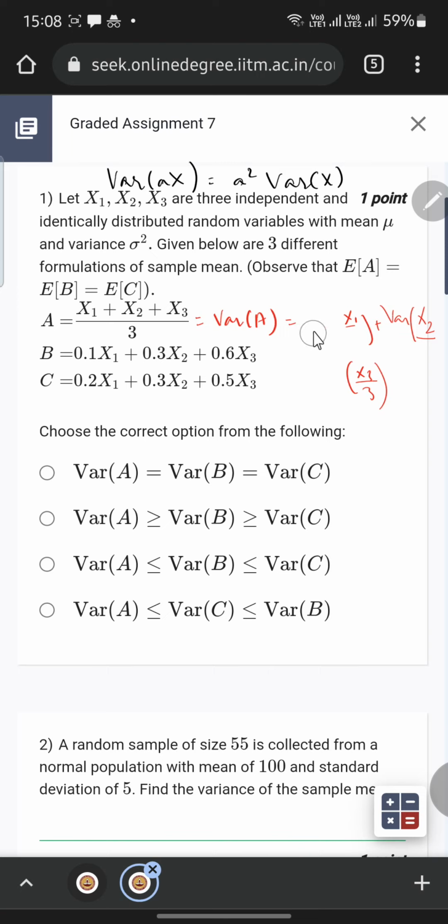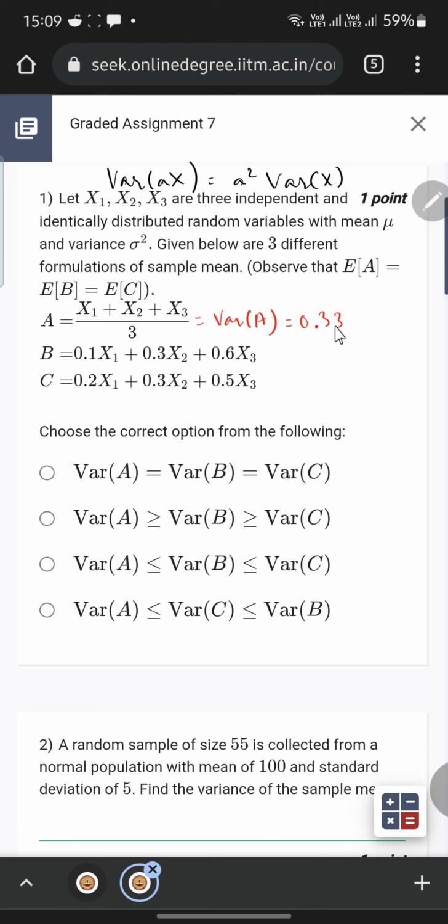We can write it like this also: 1 by 9 into variance of x1 plus variance of x2 plus variance of x3, right? So we know that this all sums up to 3 sigma square, which simplifies to sigma square by 3, or we can write it like 0.33, right?